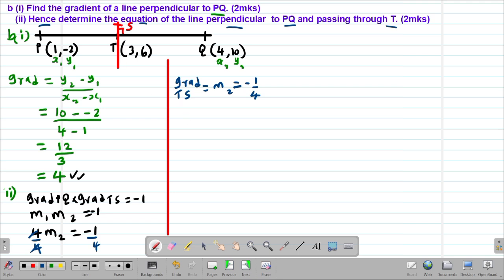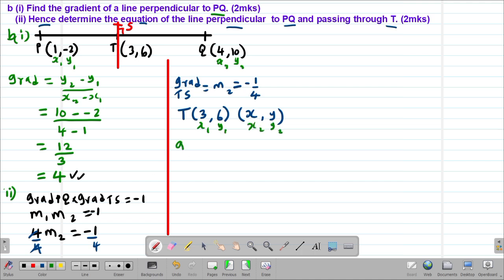So having the gradient, we can easily determine the equation. The equation for line TS will be given by the following. We know that we have the coordinate T, which is 3, comma 6. To get the equation, I'll also introduce another point x, y, such that I let this one be my x1, this y1, this x2, then y2.